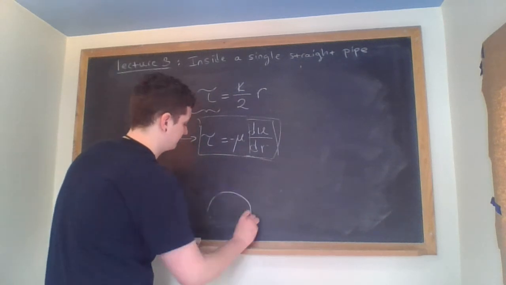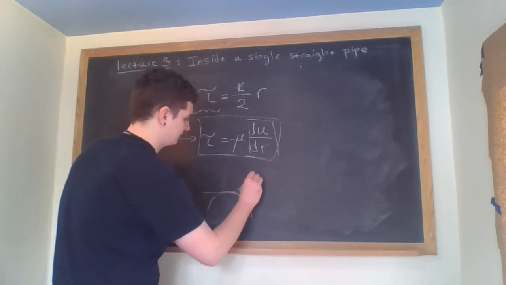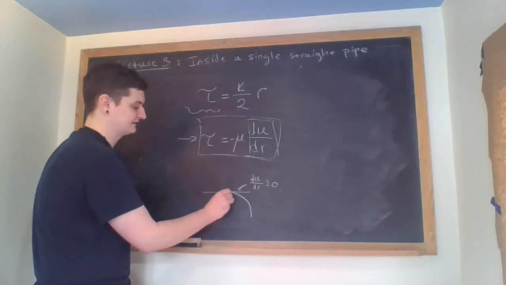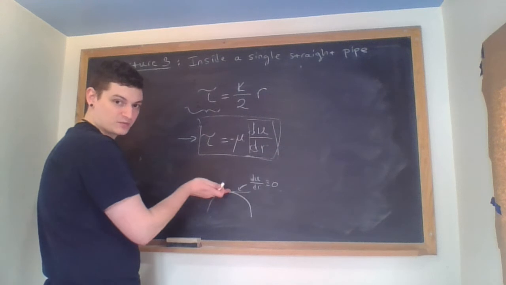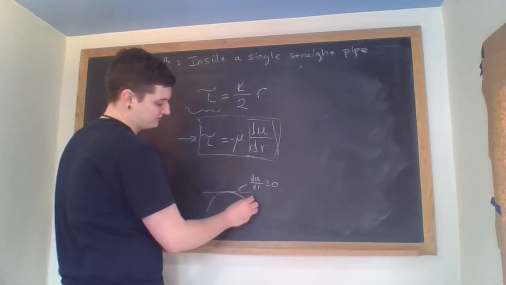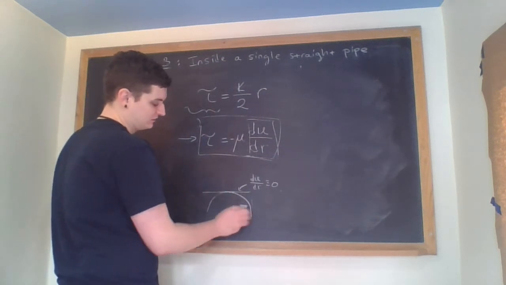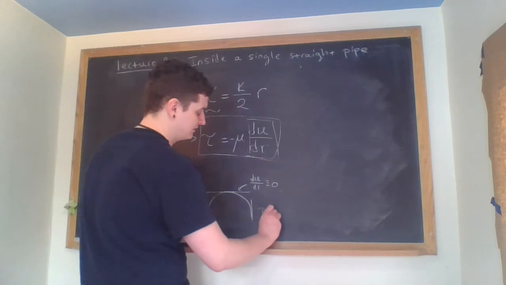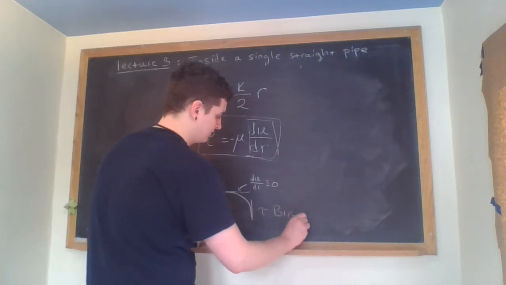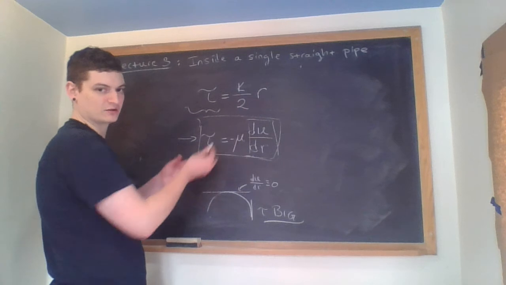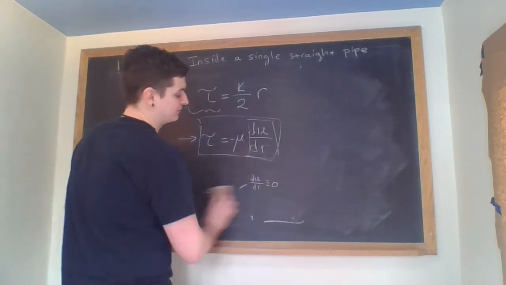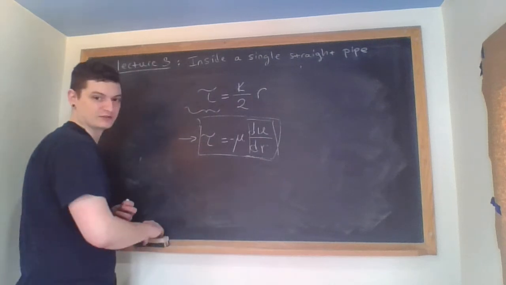Think of it this way: at this center line, this slope is flat, no shear. The most we get is right on the wall. You have to have the most change possible. It's not totally flat, but that's when the shear is big. So this still agrees with that concept right here. We're just talking about it in terms of slopes and differentials.